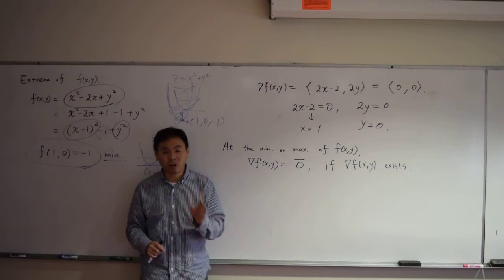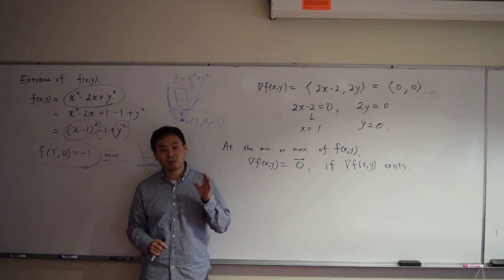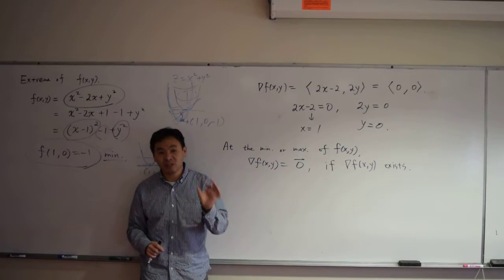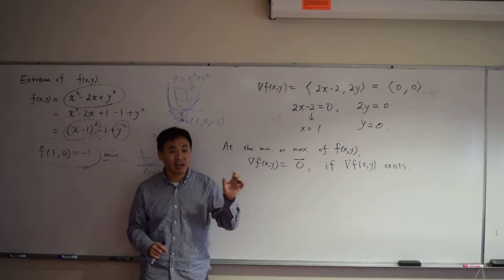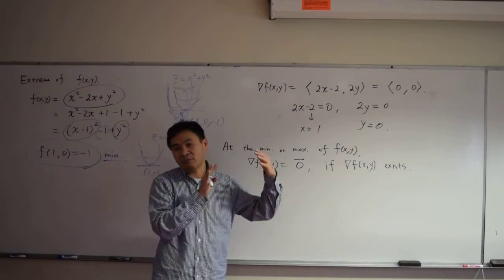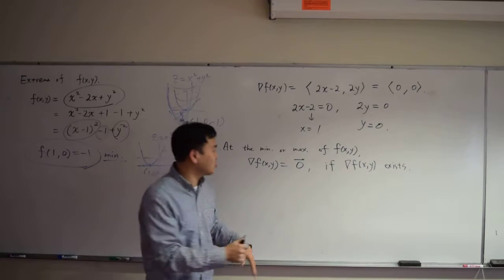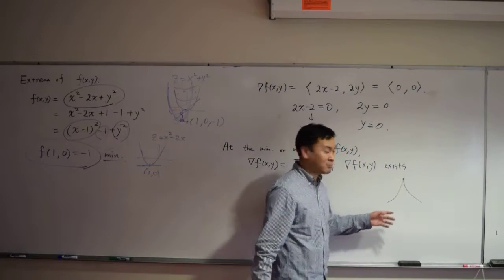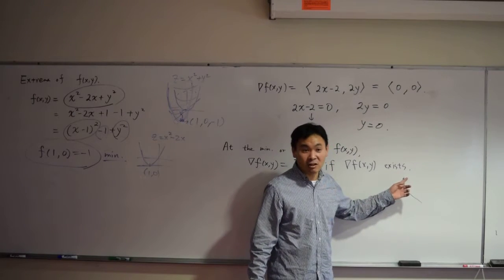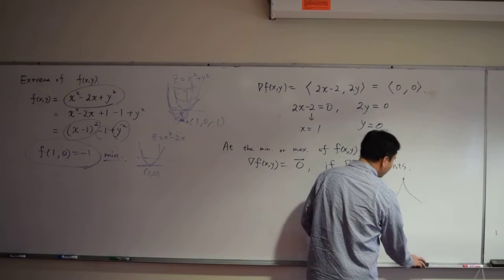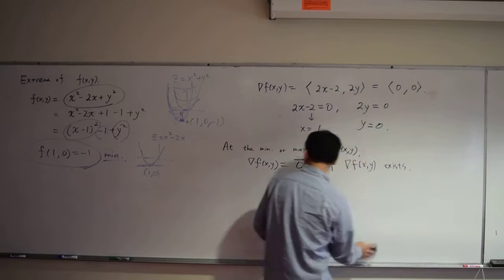In calculus 1, you learned that a critical number is a point where f prime is equal to 0 or it does not exist. We have to include this extra case where f prime does not exist because there are cases where you have a cusp where you might have a maximum. The derivative doesn't exist here, but you might have a maximum. The same kind of principle happens here.